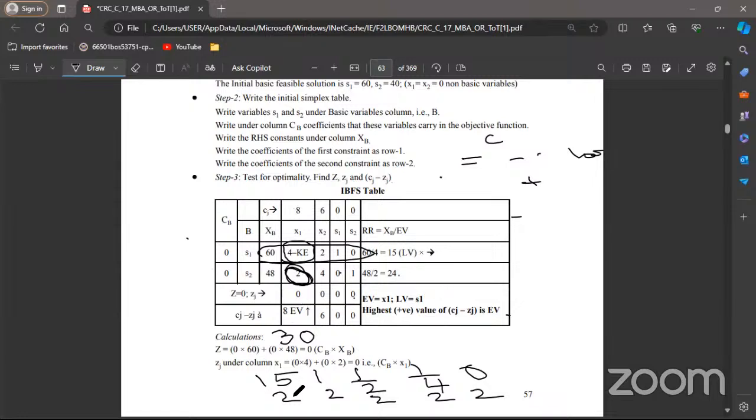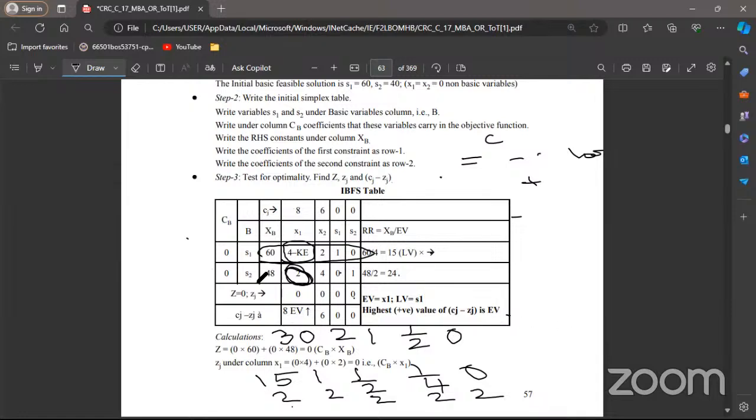Now you multiply 2 with the new key row values. What are the new key row values? 15, 1, 1 by 2, 1 by 4, 0. So you multiply all the values by 2. 30, 2, 1, 1 by 2, 0, isn't it?